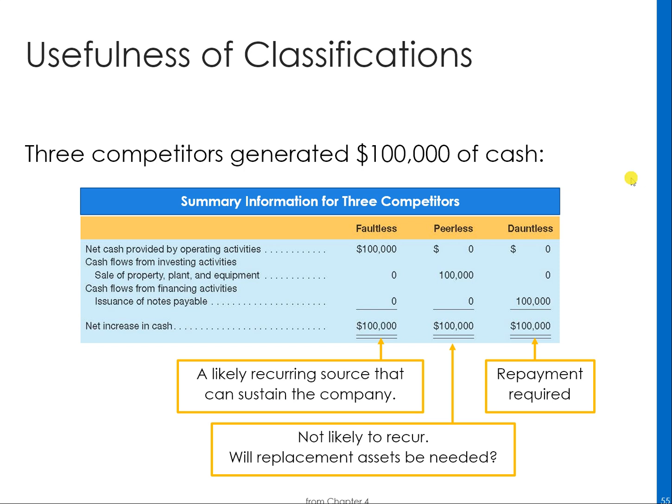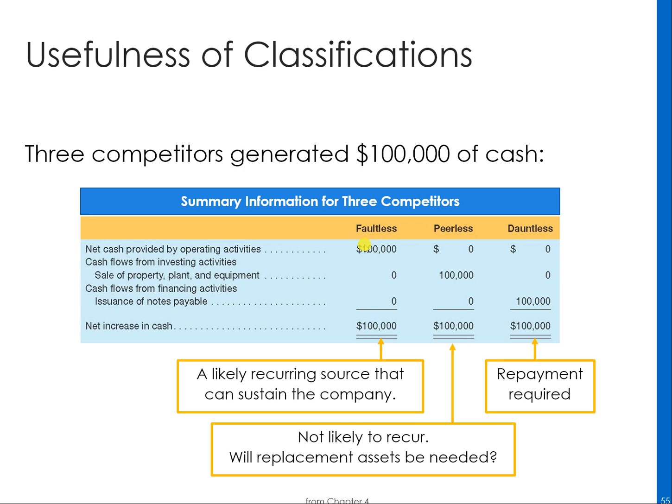Another way to use this cash flow information is to compare these numbers with the earnings, net income. If the net income is mostly consistent with the cash flow from operating activities, then we say that the company is on the normal path, and its earnings are more sustainable, more likely to persist into future periods.